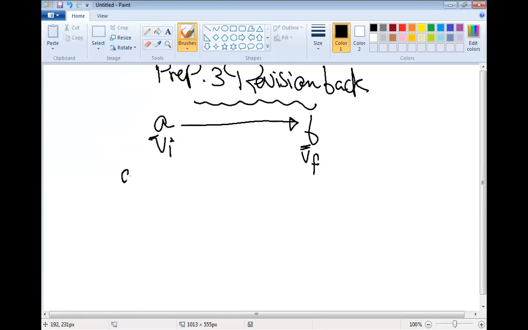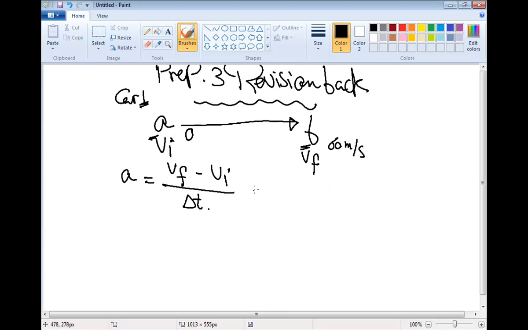We said acceleration equals V final minus V initial divided by delta T. This is car 1. Maybe V initial is 0 and V final is 60 meters per second.